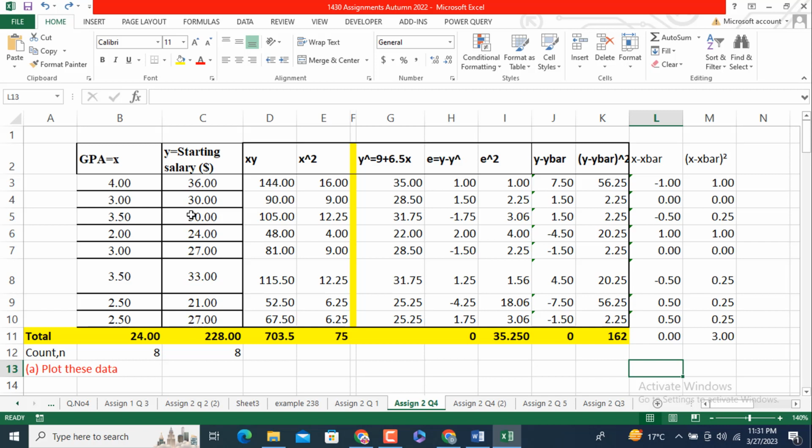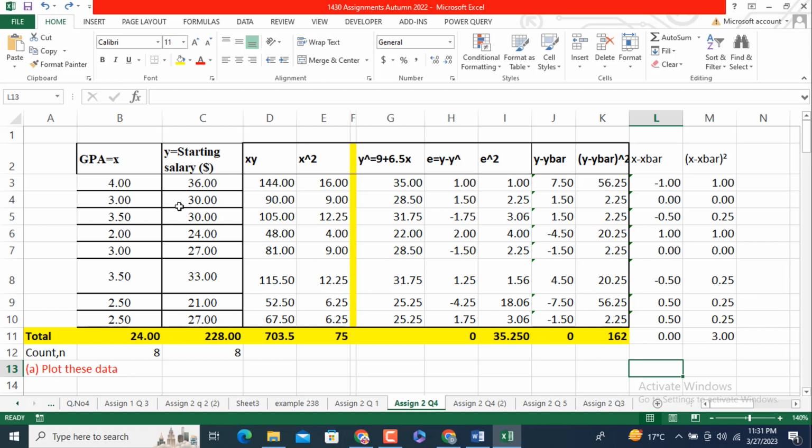Keep in mind that you always keep your independent variable in the first position and the dependent variable on the right side of the independent variable. This is the pattern of placing variables in an Excel sheet.